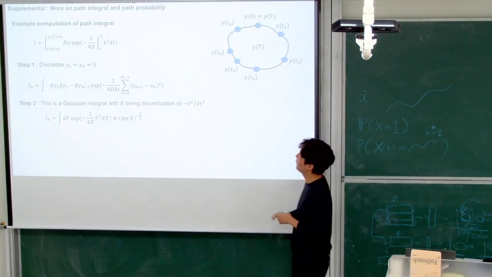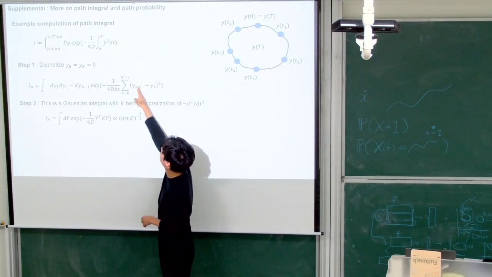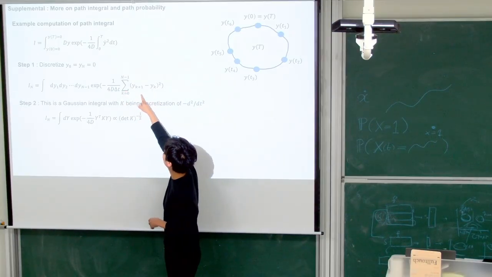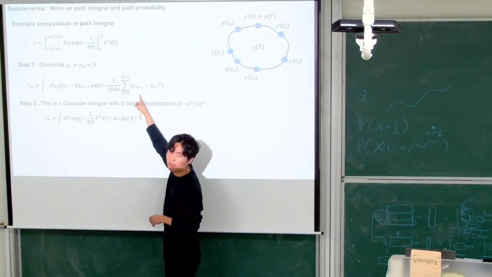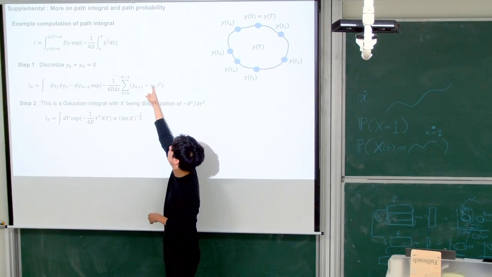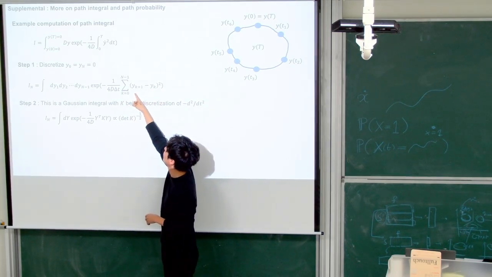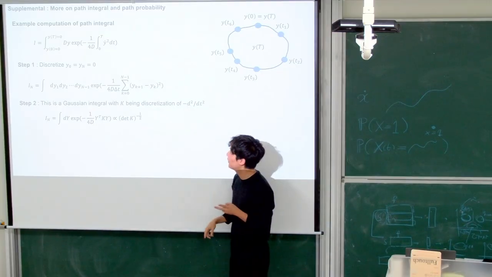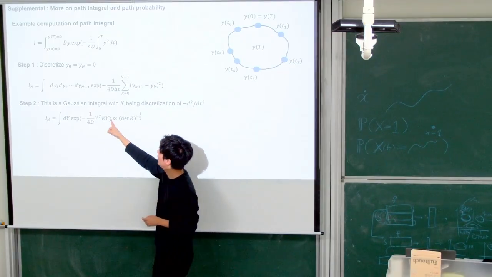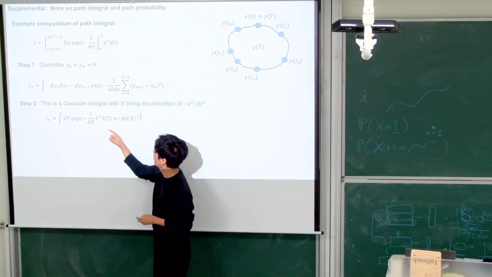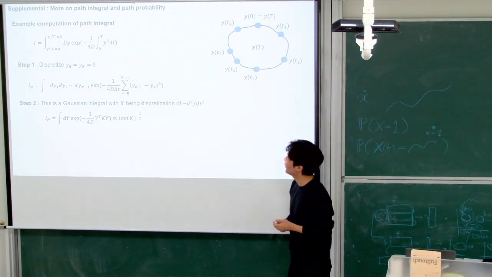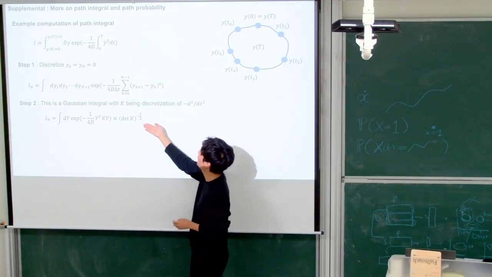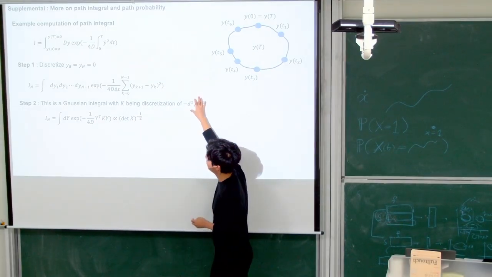And actually, if you rewrite this, you can notice that this is a quadratic form of the variables. So you have squares and y_{k+1} squared, in other words, quadratic terms. And you can write it like this, where K is a discretization of this Laplacian.